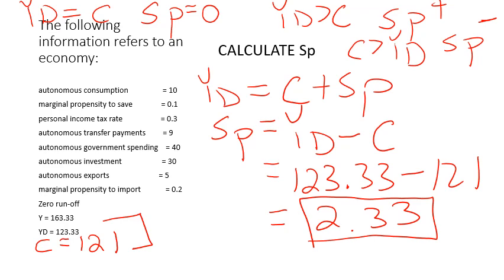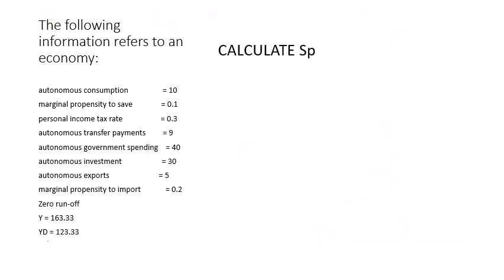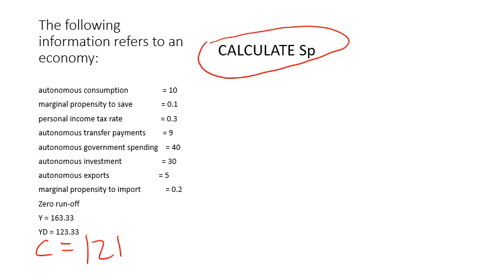Let's continue with the second method of calculating SP. All right. So let me insert here consumption 121, and let's do the second way of calculating SP. The other method is the following.